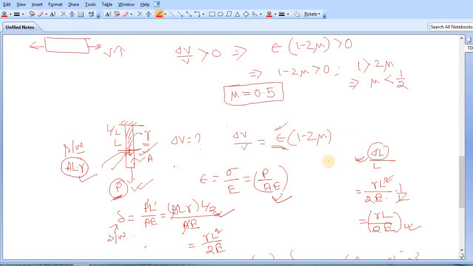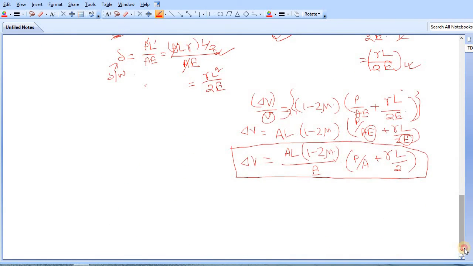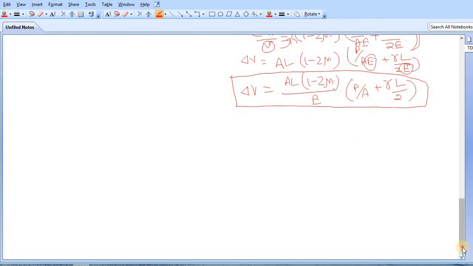Now let's say instead of a single direction stress, there are two directional stresses. Let's consider this object. Here in this direction sigma x is applied, and in this direction sigma y is applied, and you have already learned where this type of stress occurs.